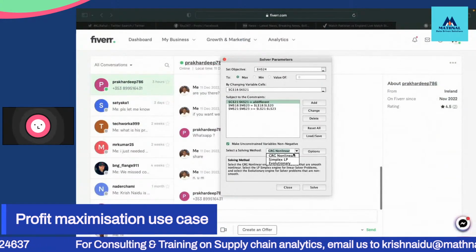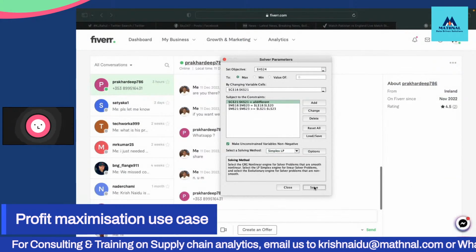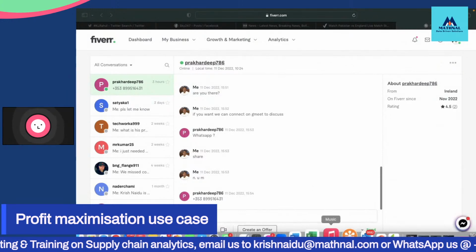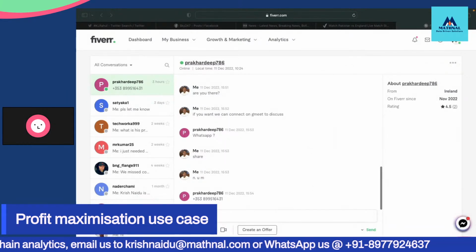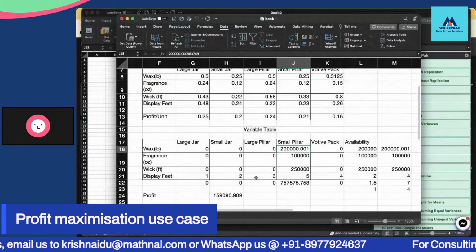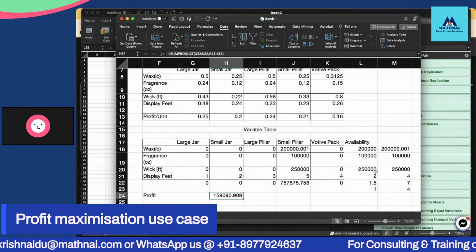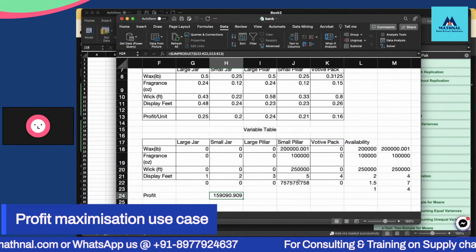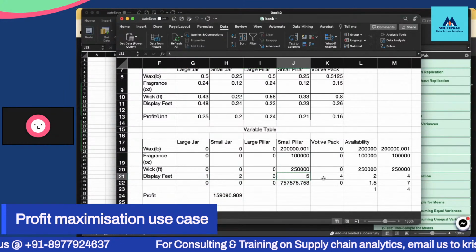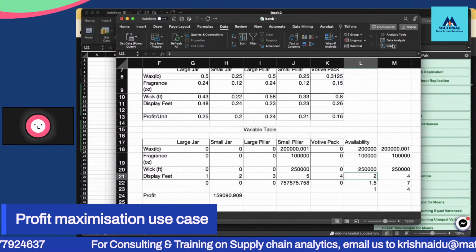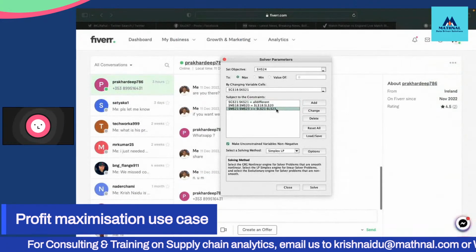I'll go from GRG Nonlinear to Simplex LP. Let's again solve to see what production plan we're going to get. Now let me change the constraint.